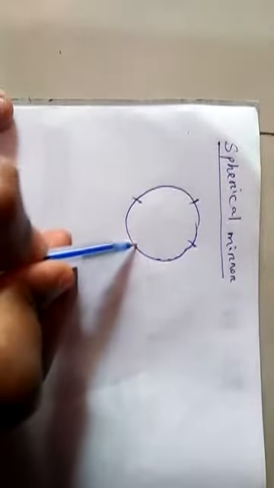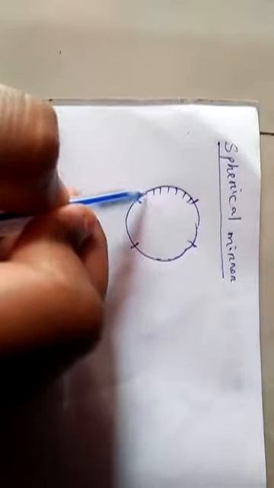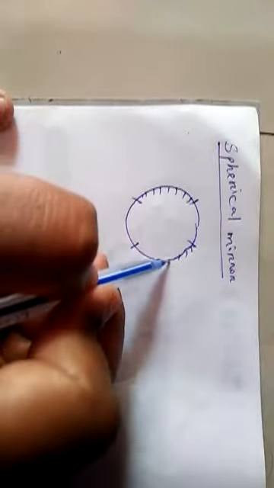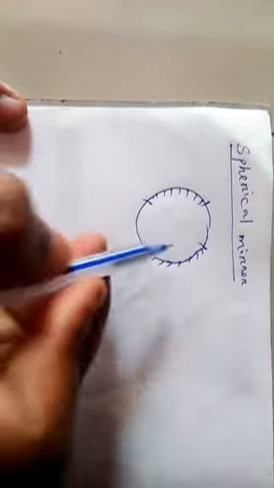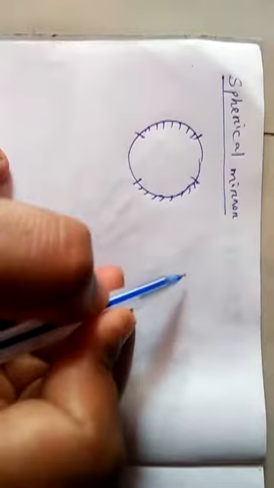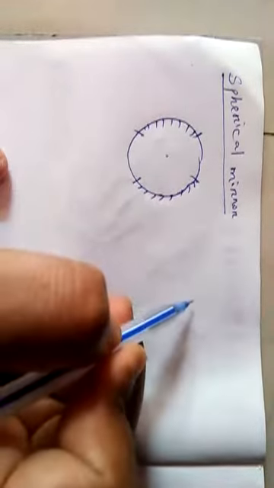You can cut it. This is the dash line. This is the center of the sphere.